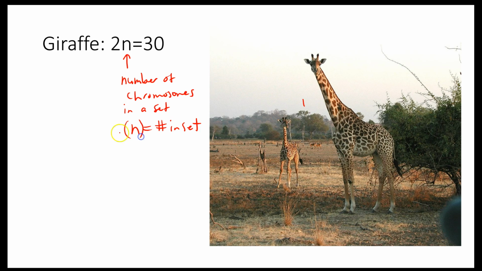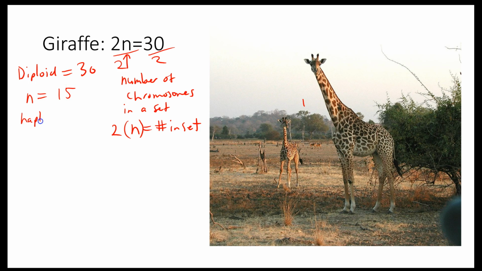When you put a 2 around that, it's saying this is the number of chromosomes you see in diploid cells. So this is the number of chromosomes you see in 2 sets. One set from the male, one set from the female. So from this, you can say that diploid cells for a giraffe have 30 chromosomes. And if you were to divide this 2n by 2, you would see that n equals 15.